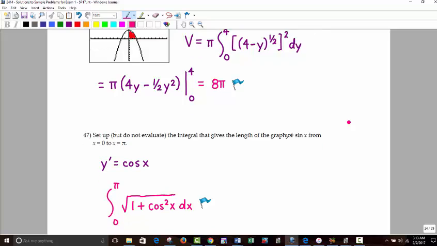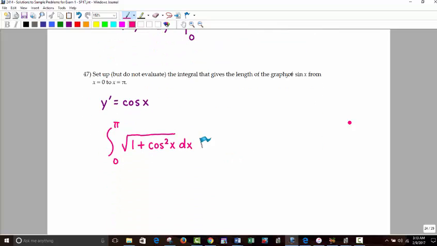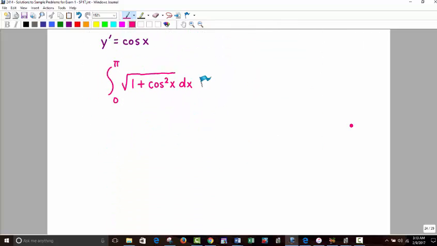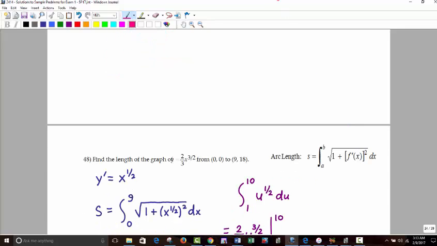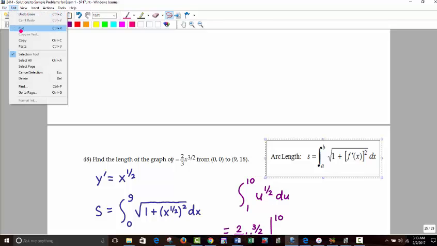All right, now 47, we're moving on to arc length. Now, obviously, I have to be real careful. I'm going to copy this and move it up here.